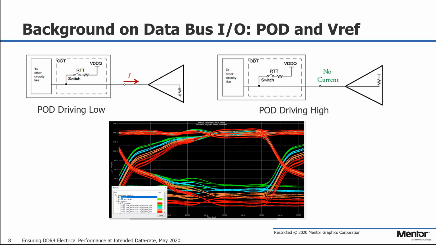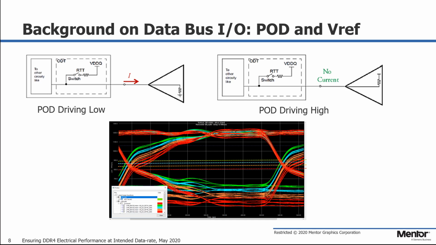In this example, as you change the ODT settings, the center of the eye varies at the DRAM. The green eye uses 34 ohms ODT. The light blue uses 40 ohms. The orange eye uses 48 ohms.